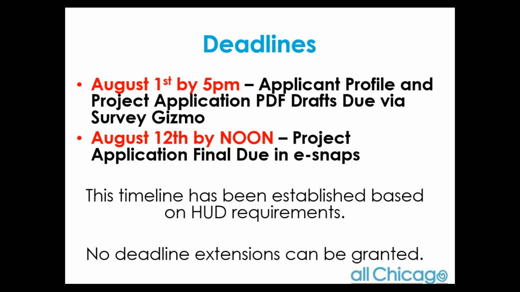That is our goal. And then you will finally do a submission in eSnaps by August 12th at noon. So keep in mind the August 1st deadline is by 5 p.m. and August 12th is by noon. And yes, this year you will submit the applicant profile and the project application in PDF form in Survey Gizmo.